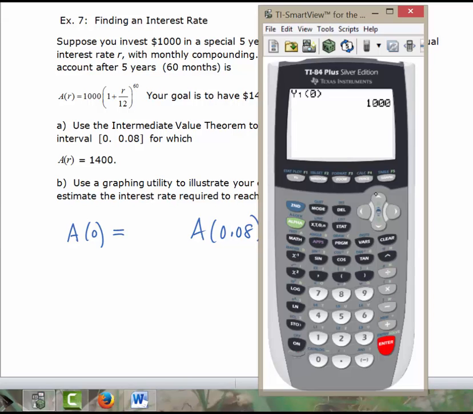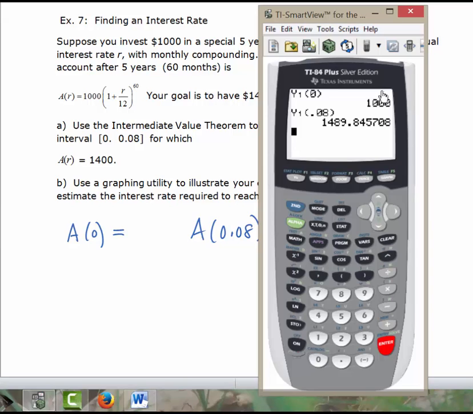And then we want to use the y1 key again and evaluate it at 0.08, and I can just hit second enter, arrow back, and put in a new value and hit enter, and I get 1489.84.